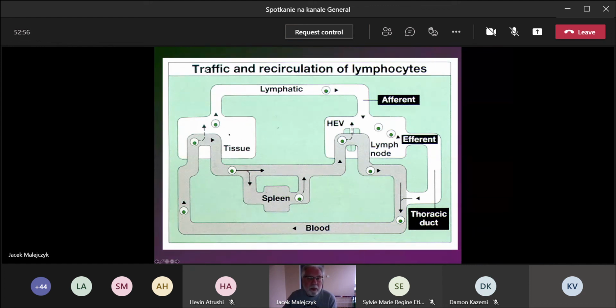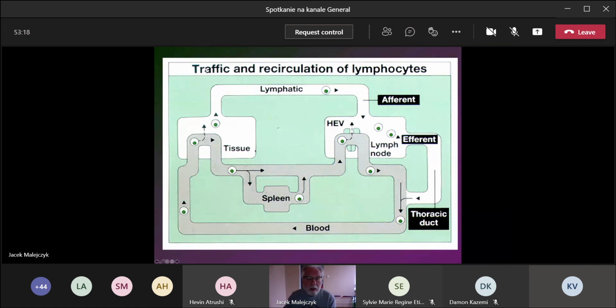All systems are integrated. First of all, the lymphatic system starts from the tissue fluid, which then circulates by the lymphatic system, is filtered by the lymph nodes, and finally goes back to the circulation by the thoracic duct, for instance.